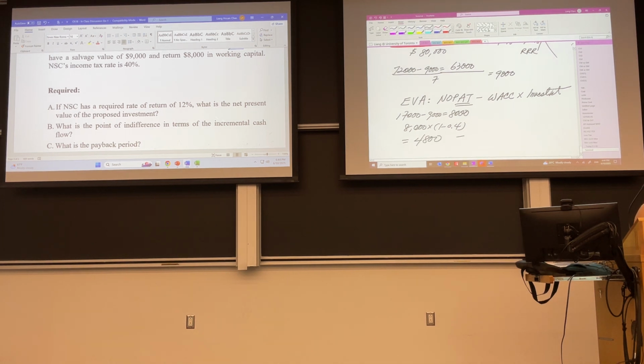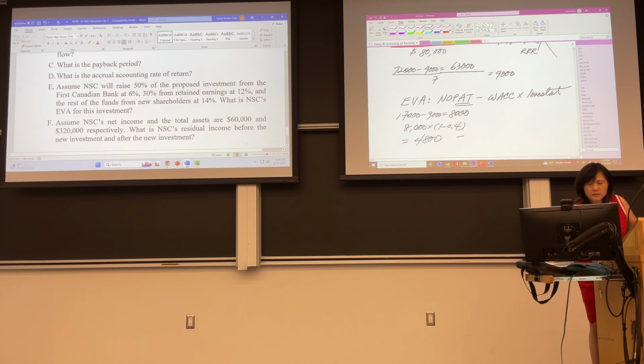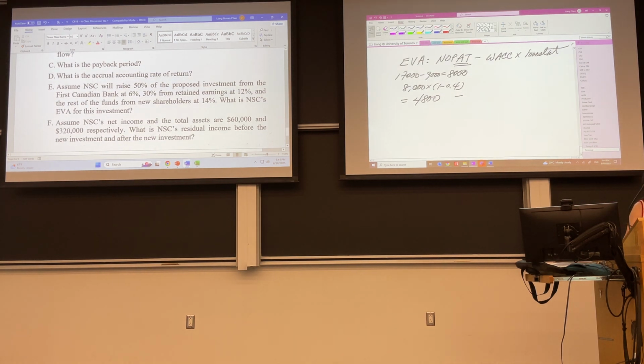WACC, weighted average cost of capital. The question gives us the numbers to calculate. The debt is 50%. This is the weight. The cost is 6%, after tax, so 1 minus the tax.